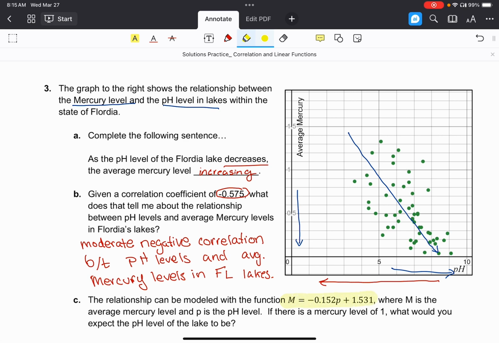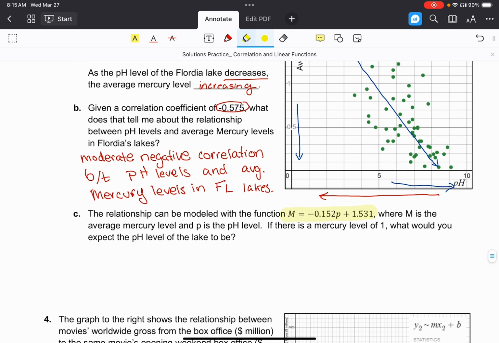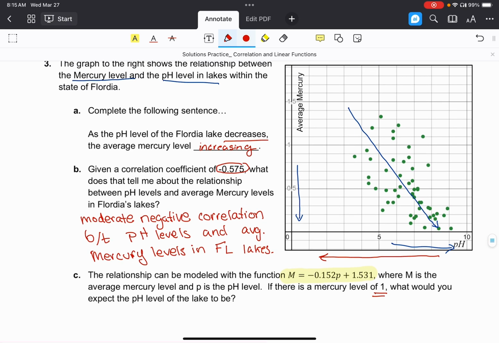And so this model is telling us, okay, a mercury level equals this negative slope or rate of change times our pH level, and then we add this initial value. So we're told if there is a mercury level of 1, what do we estimate the pH level would be? And I could even look on the graph here.